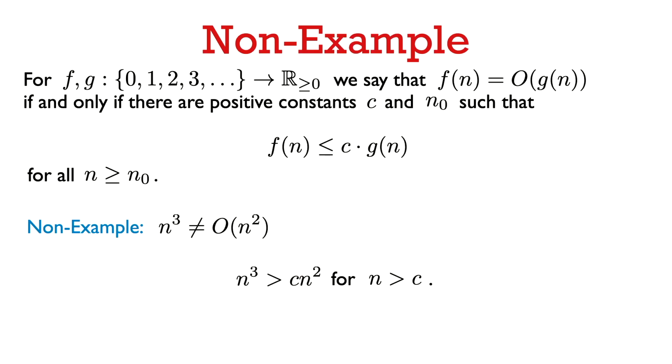Let's look at a non-example. N cubed is not order of n squared. This is because n cubed is always eventually going to be larger than a constant times n squared for any constant c. Namely, once n becomes larger than the constant c, then n cubed is going to be larger than c times n squared.